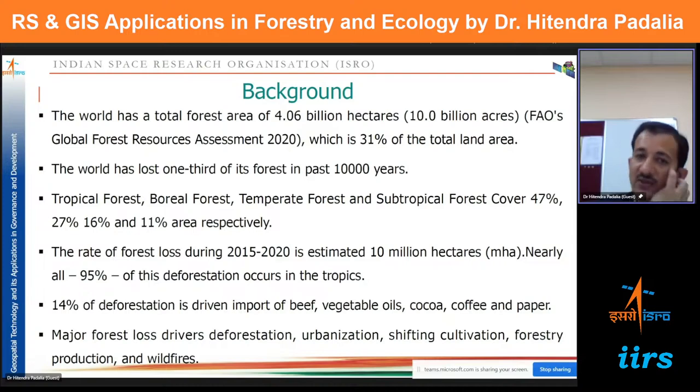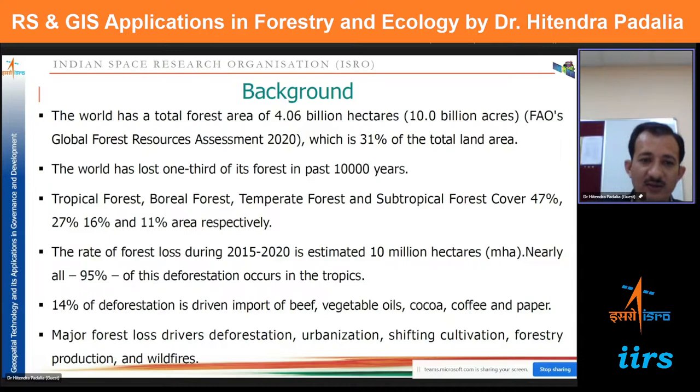This is just a brief background, and it is all leading to a lot of environmental problems today. Because of the loss of forest, biodiversity and ecosystem services, the livelihood of directly dependent people as well as the public in general is getting impacted.